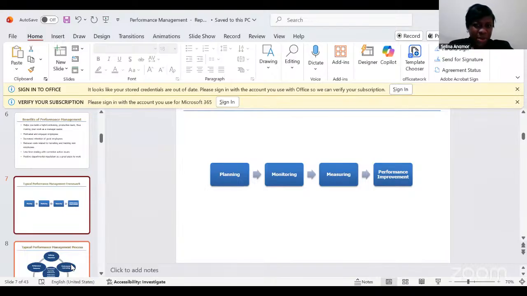You said that by January you would have sat down with your supervisor to agree the objectives. Good, that is the planning process. The planning process is where you sit down with your supervisor to agree what is expected of you, the performance expected of you by the end of the year or throughout the year.